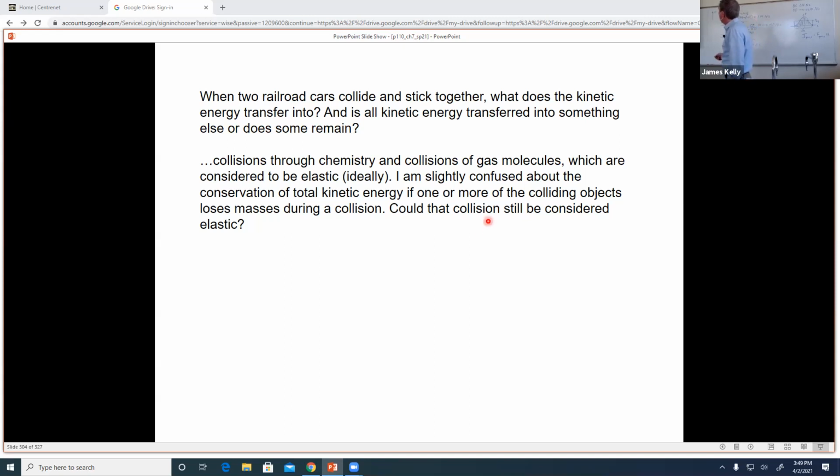Someone was talking about collisions happening in their chemistry class, collisions of gas molecules considered to be elastic. That's right. When you have nitrogen molecules bouncing off of each other, they are elastic collisions, unless some chemical transformation is taking place. Okay, I'm slightly confused about conservation of total kinetic energy if one or more of the colliding objects loses mass during a collision.